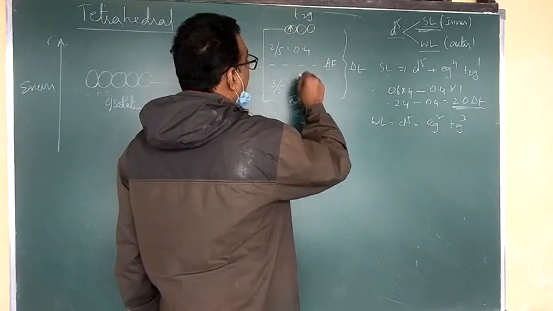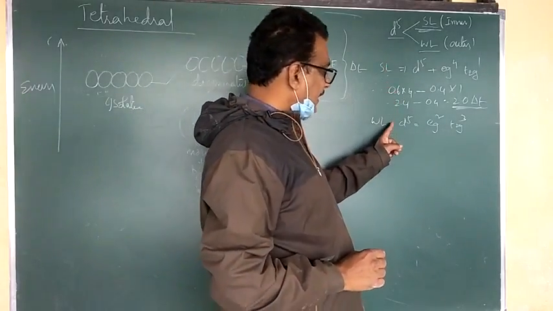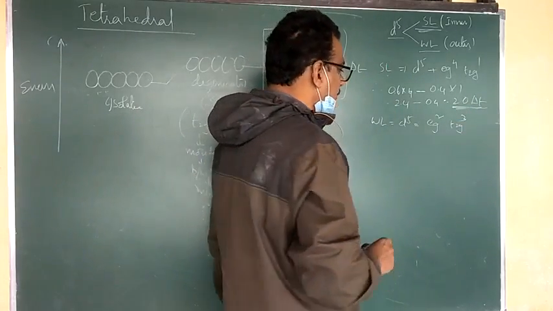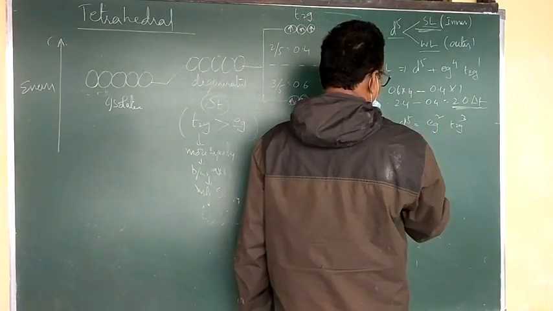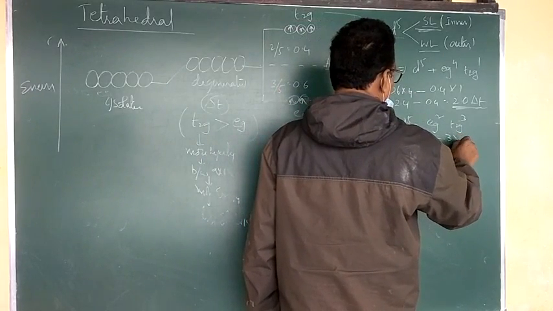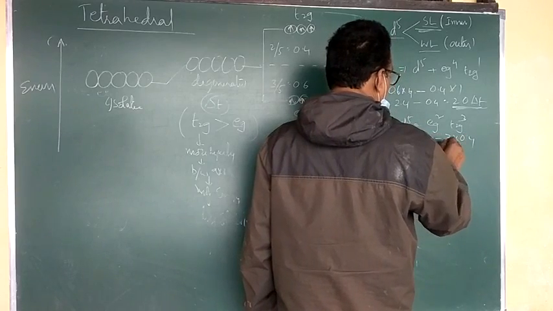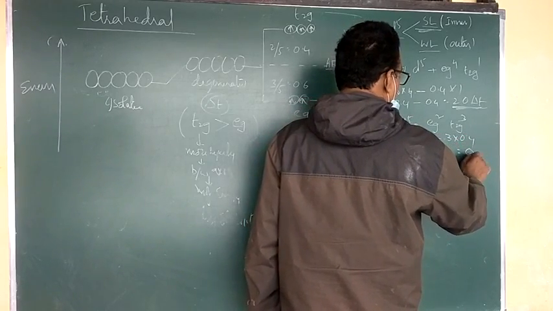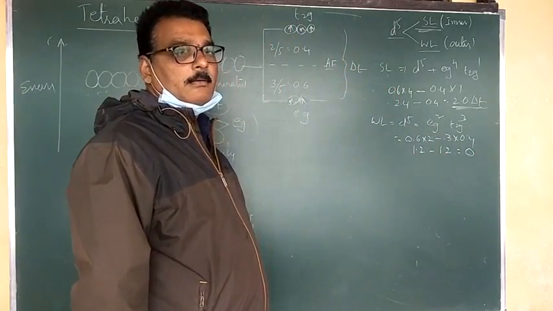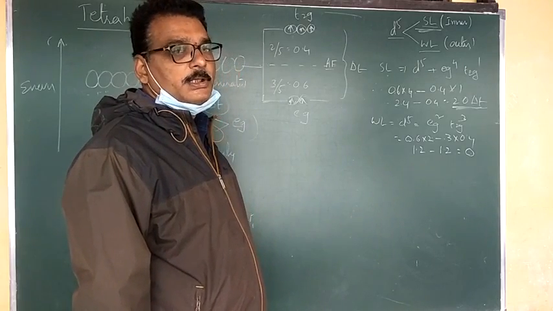Here 1, here 2, 3, 4, 5, because this is a weak ligand. So Eg 2 electrons, T2g equals 3. Now 0.6 into 2 minus 3 electrons into 0.4, so 1.2 minus 1.2 equals 0 for d5 tetrahedral weak ligand. The crystal field splitting energy will be 0.